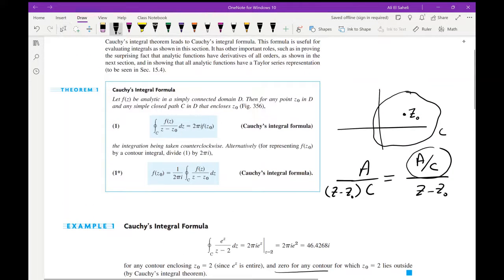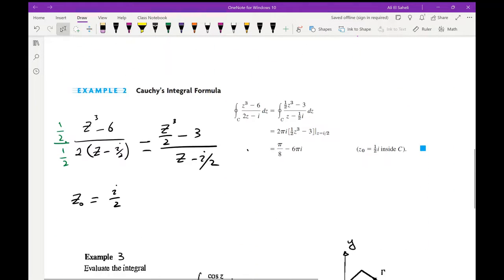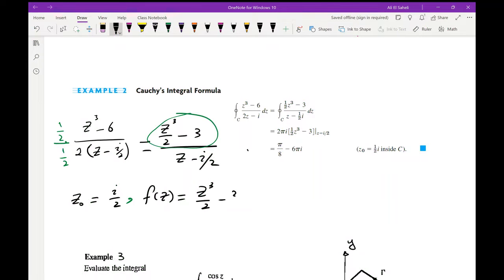Okay, so z0 is i over 2, and f of z, because remember we need f to evaluate the integral, and f of z is this part. f of z is z cubed over 2 minus 3.